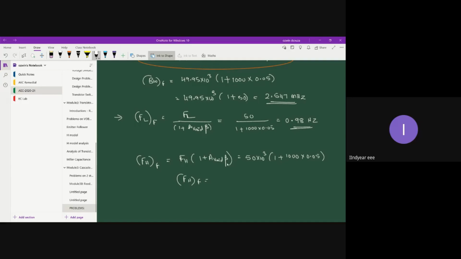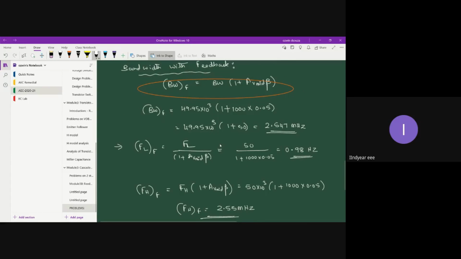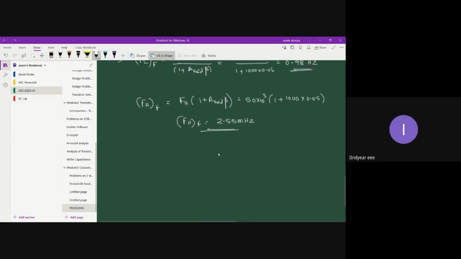With feedback, the upper cutoff frequency is 2.55 megahertz. You see the difference. Without feedback, the upper cutoff frequency was just 50 kilohertz. With feedback, it has increased to 2.55 megahertz. This is how we solve the feedback type of problems.